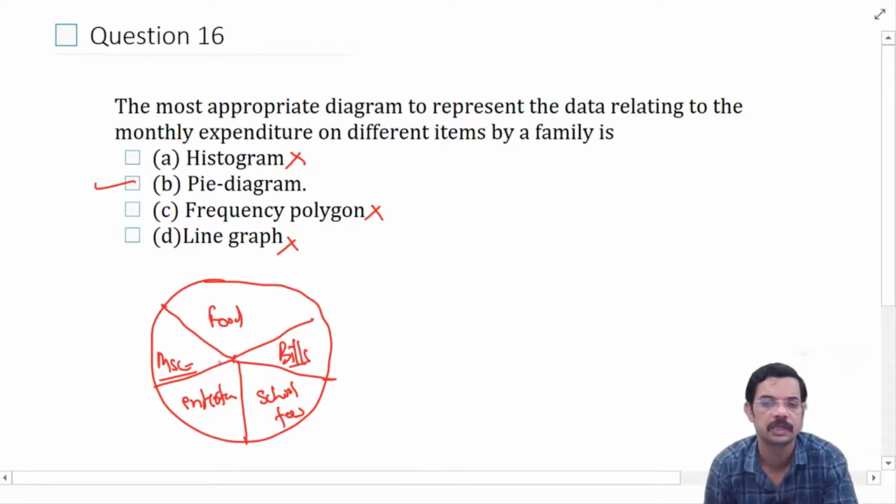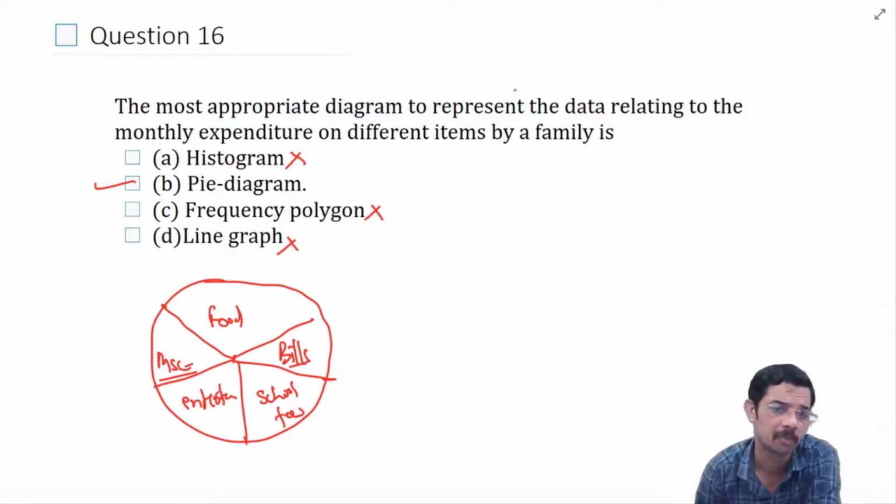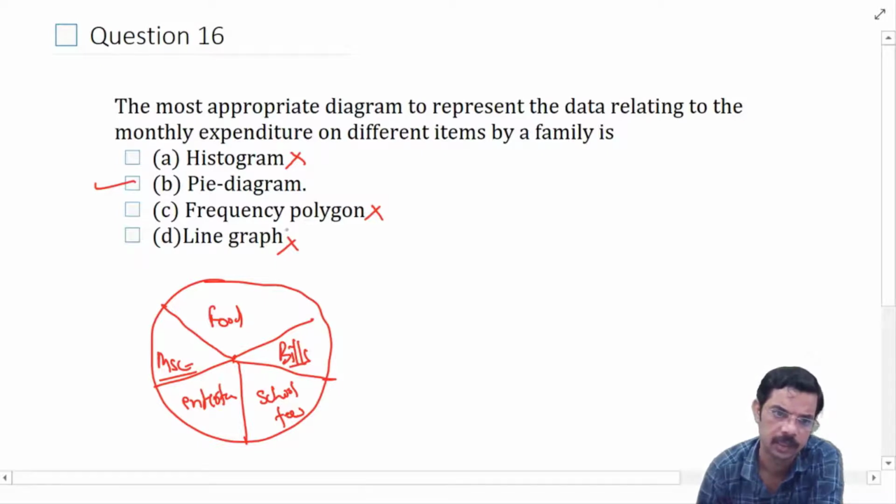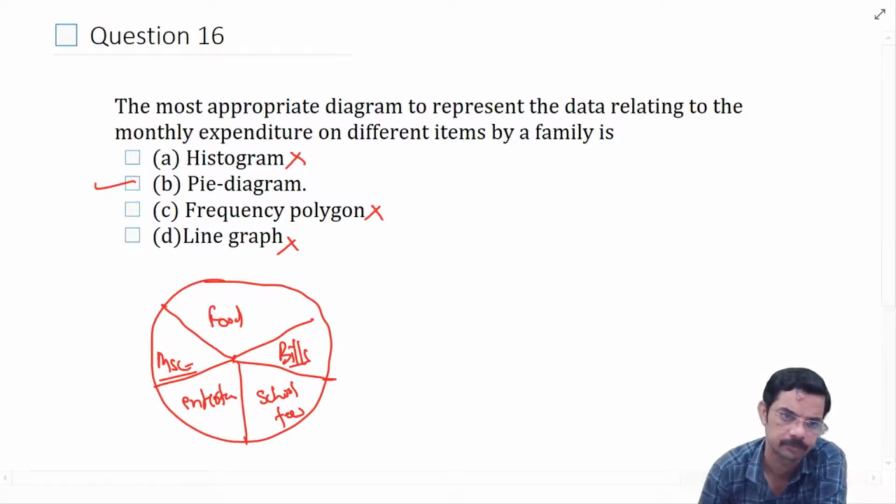We can have many other categories as well. This is why we use pie diagram, which is more appropriate for representing monthly expenditure for different items by a family, because that will give a much better idea and comparative idea also. Next question will be question number 17.